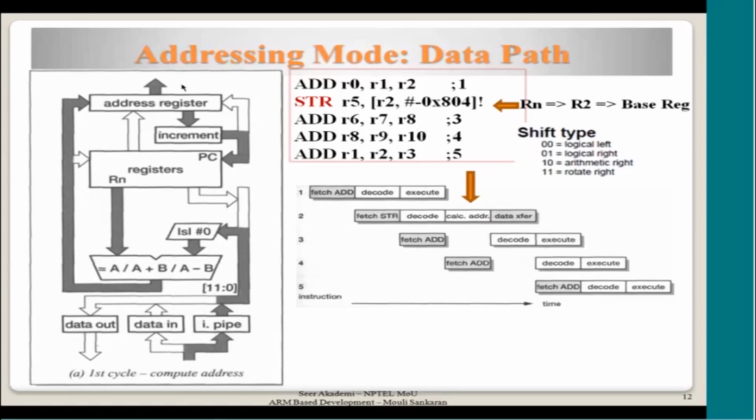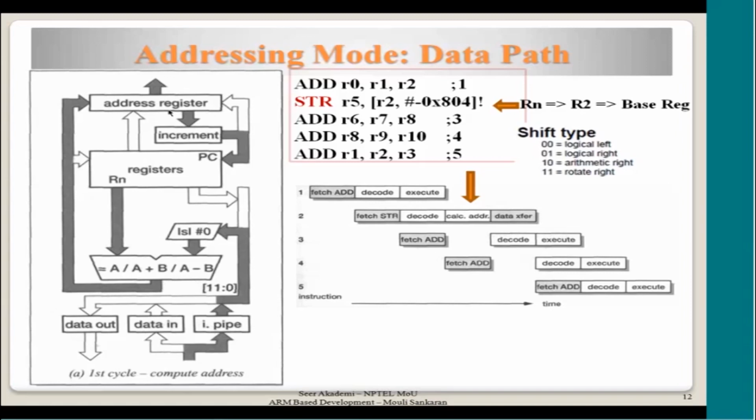If the writing doesn't happen and there is a data abort, then memory will give a data abort signal back to the processor saying, hey, this address is not valid, you have to take some corrective action before executing this instruction. So an abort signal will come.